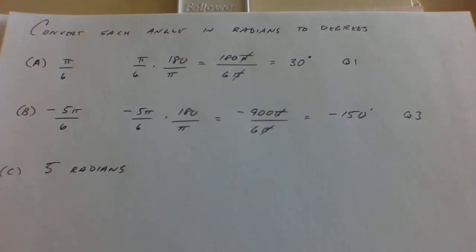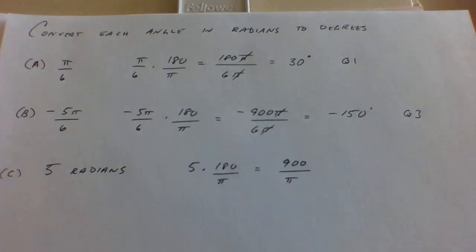And let's do one more example. Let's do 5 radians. We want to know how many degrees are in 5 radians. I'm still going to multiply this by my 180 over pi. So I'm going to get 900 on top, pi on the bottom, and you're going to notice that I don't have a pi on top in order to cancel the one on the bottom out.